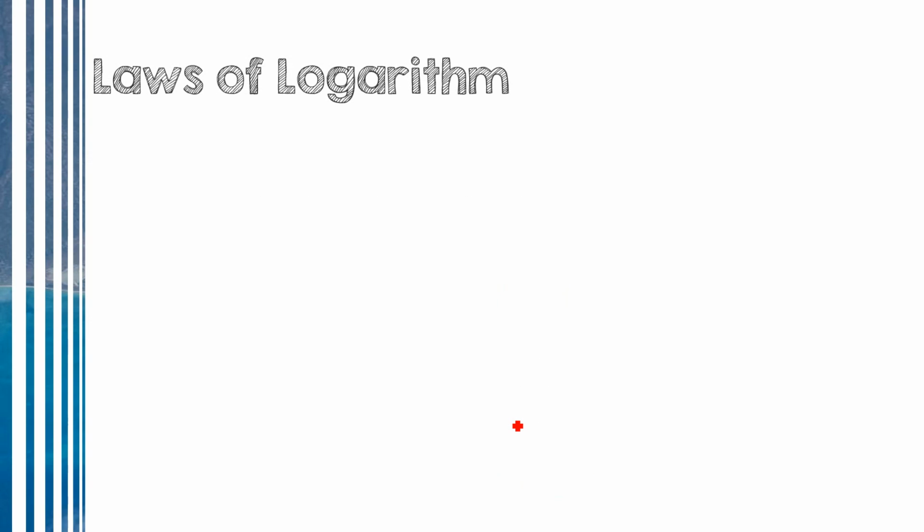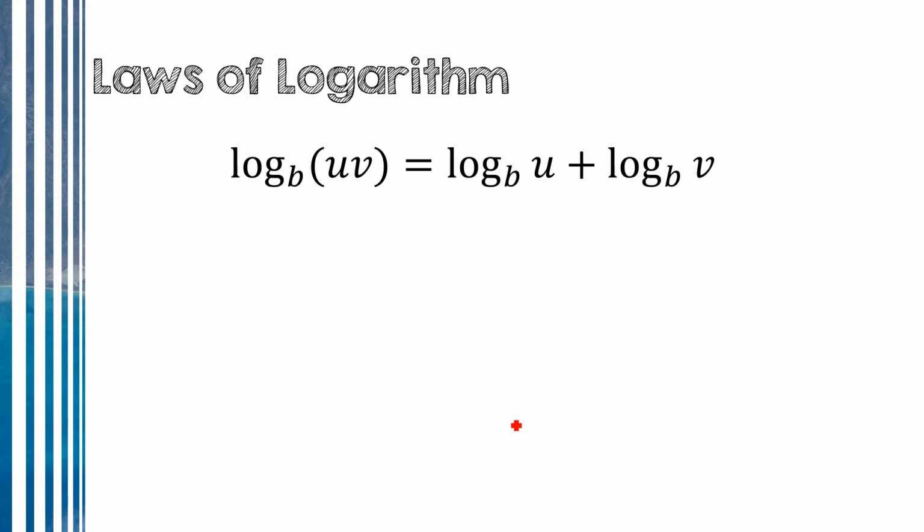Now let's have laws of logarithm. The first law would be this one. The logarithm of the quantity u times v with base b is equal to the logarithm of u with base b plus the logarithm of v with base b.